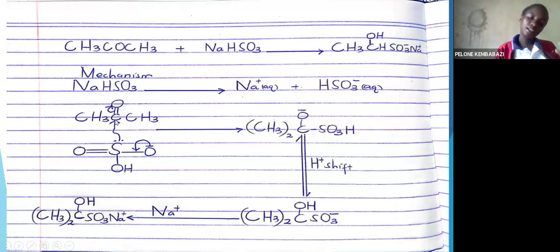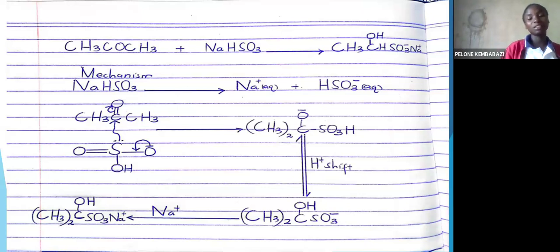It has a carbonyl carbon, which is the one bonded to oxygen in that compound. Oxygen is highly electronegative compared to carbon. What do I mean by being highly electronegative? It means it can easily take up bonding electrons towards itself.